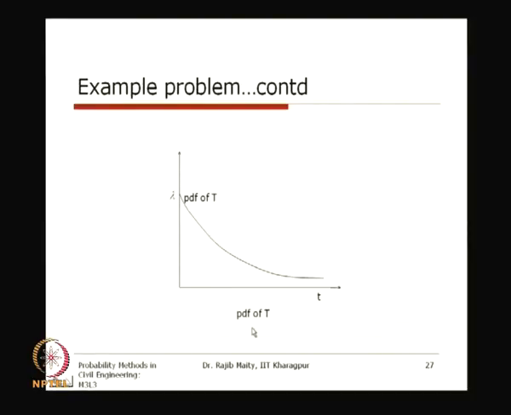So this is the PDF of T, whose value at zero is lambda, and it gradually comes down, asymptotically approaching 0 at infinity.